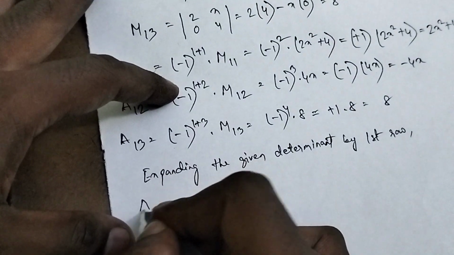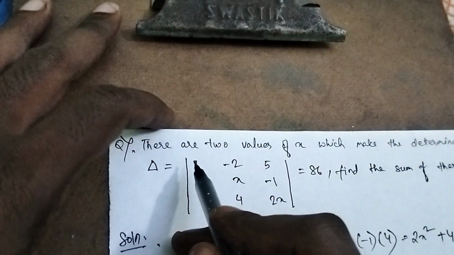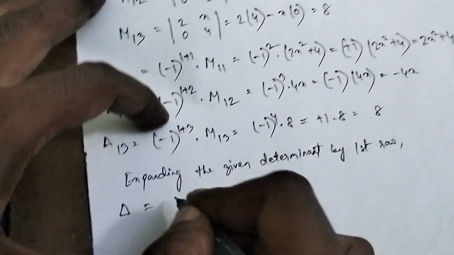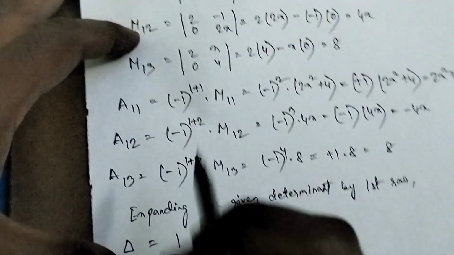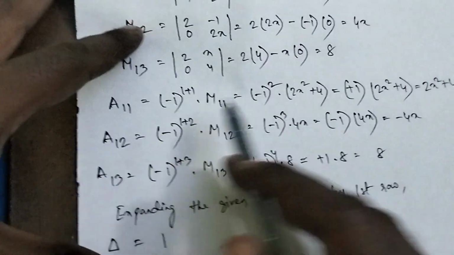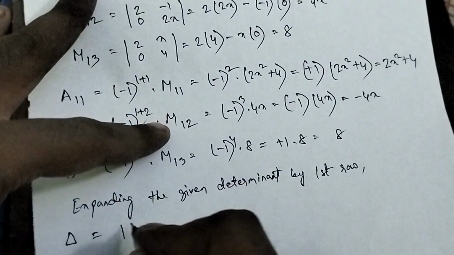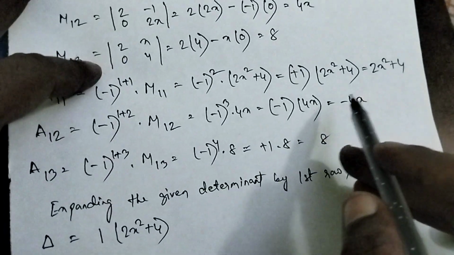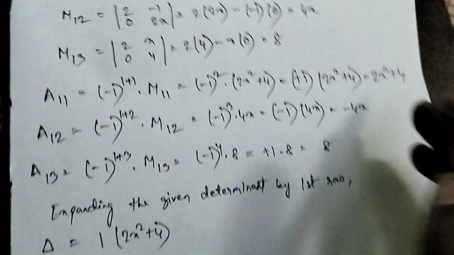What is the first element of the first row? 1. So 1 into the cofactor of row 1 column 1, which was 2x square plus 4. So it will be 2x square plus 4.